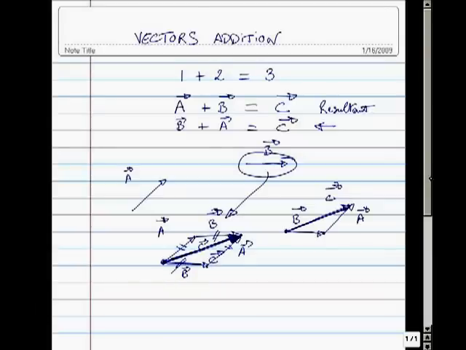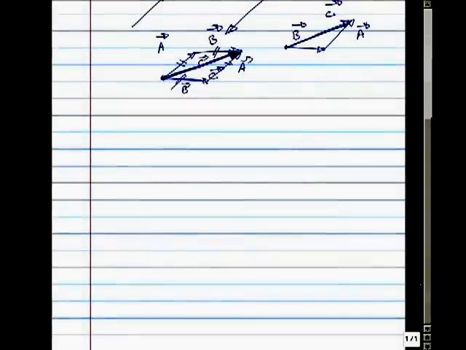You can do it with two vectors, you can do it with three vectors.